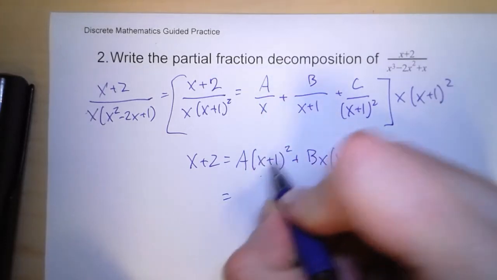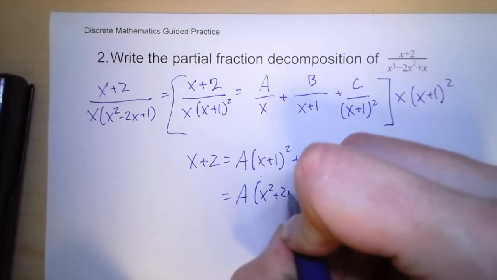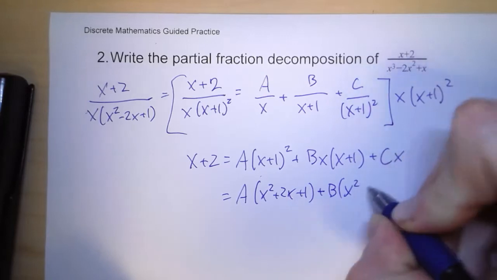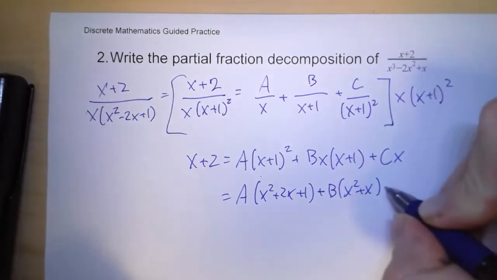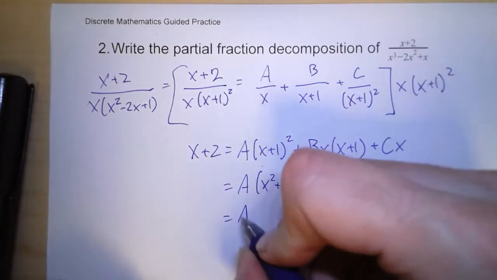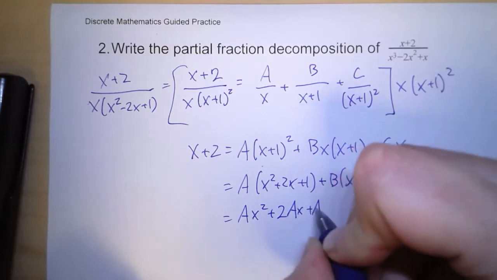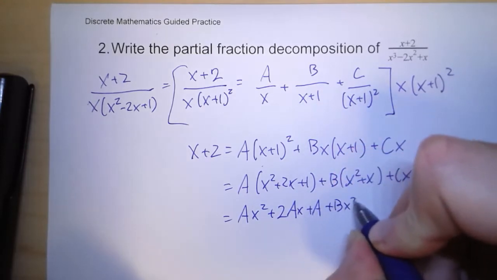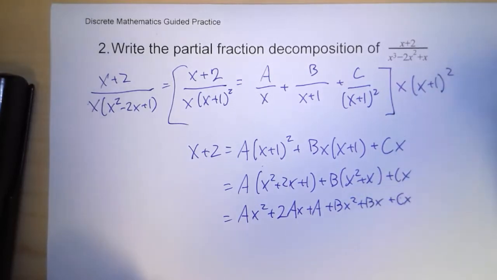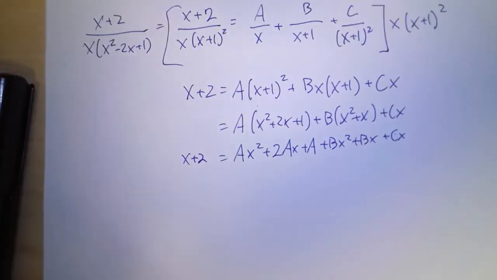So now we'll multiply these out. So this is going to be a times (x squared plus 2x plus 1) plus b times (x squared plus x) plus cx. And now when we distribute this, we get ax squared plus 2ax plus a plus bx squared plus bx plus cx. Now again, all of this equals x plus 2.